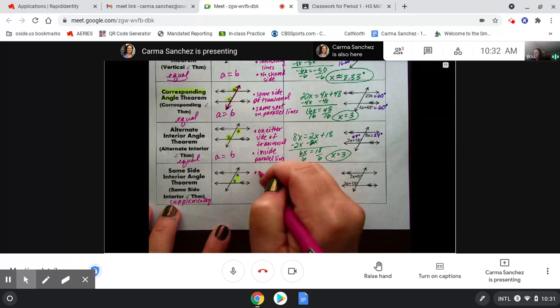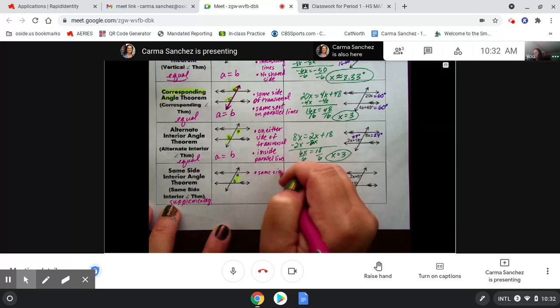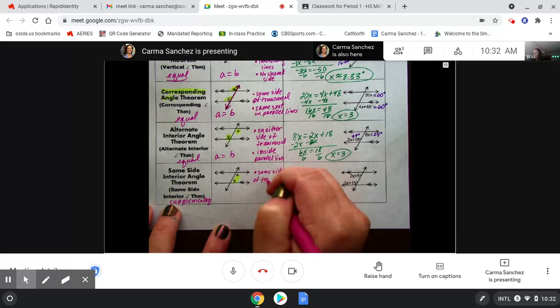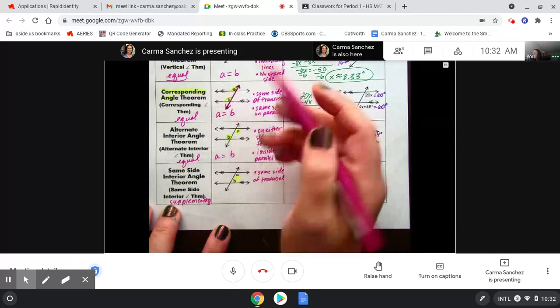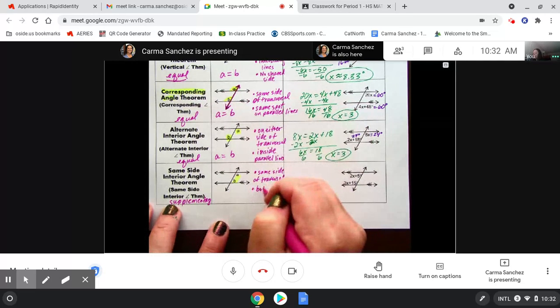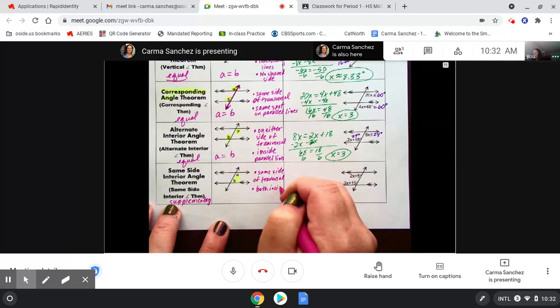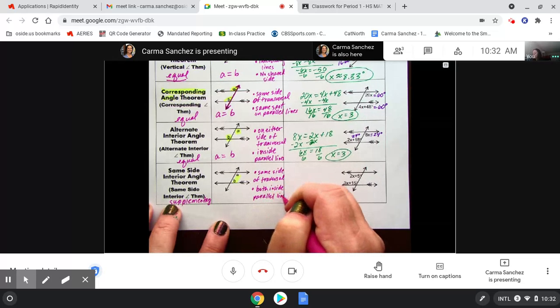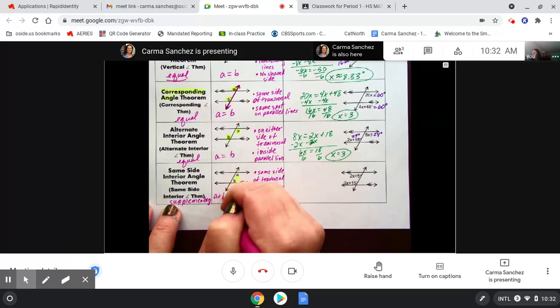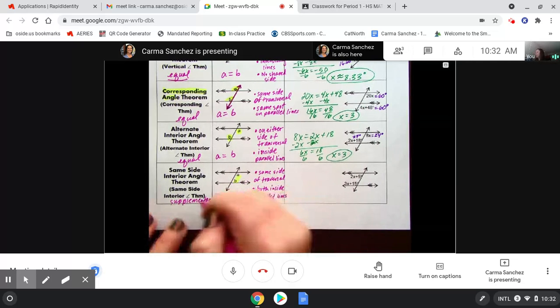They are on the same side of the transversal, kind of like corresponding angles are on the same side, but they are both inside the parallel lines. And we know that A plus B equals 180 because they are supplementary.